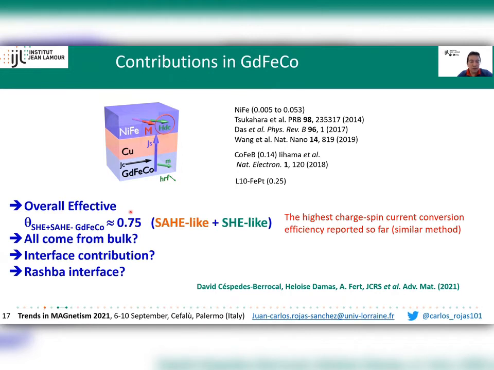The question that arises is whether all of this comes from the bulk, or there is some interface contribution. Actually, there is some Rashba interface here. It was shown a few years ago that gadolinium and gadolinium oxide exhibit a magnetic Rashba interface. So with that in mind, and also because we want to disentangle this value, I come to the second part of my talk.